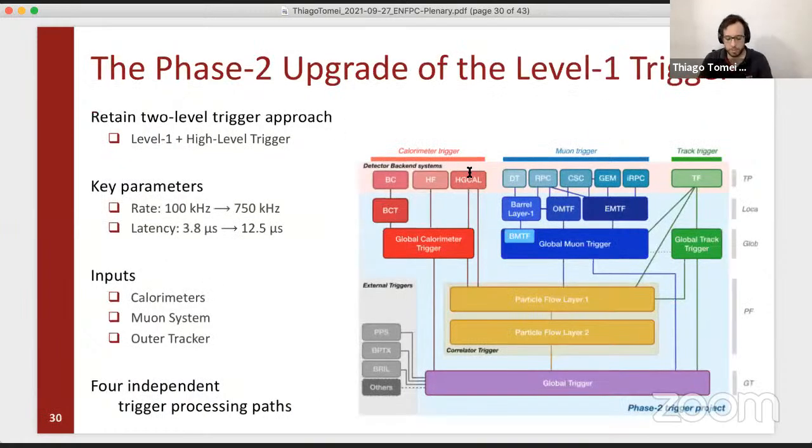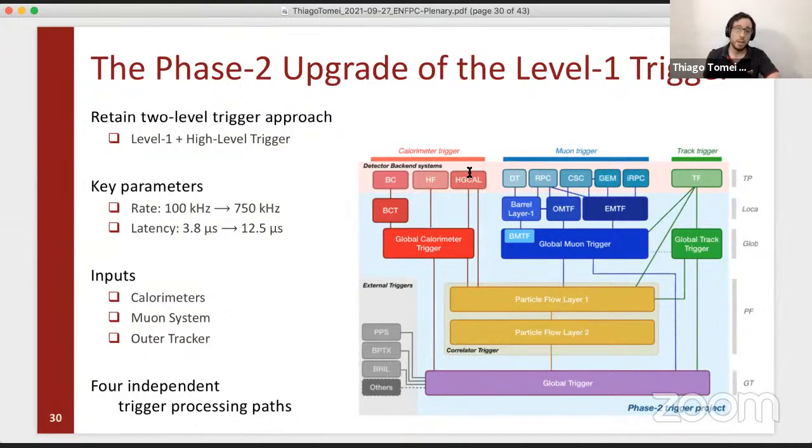But there is a problem. There is a lot of data to be taken. And 7.5 times 10 to the 34 luminosity is not something that's easily dealt with. So we have to improve our DAQ, we have to improve our trigger. In CMS, we're going to choose to retain the two-level trigger approach, so level 1 in hardware, high-level trigger in software.